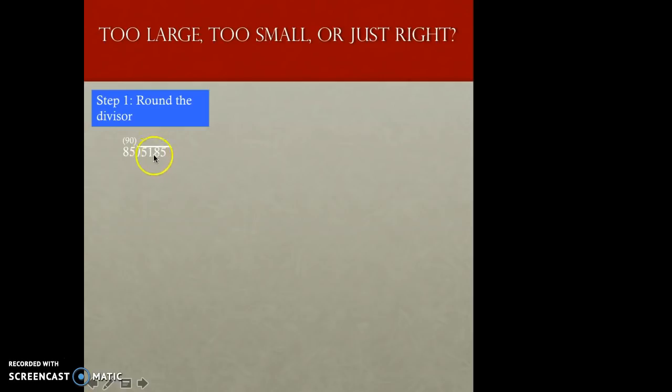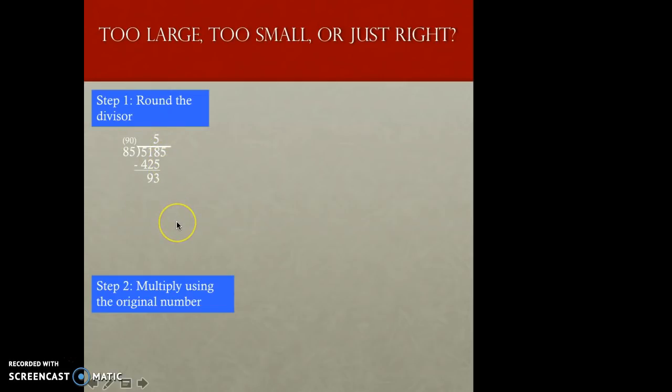How many would be in 518? Well, I know that 5 times 9 is 45, so that'd be 450. Now I need to multiply my exact number, and 5 times 85 is 425. So I'm going to subtract.